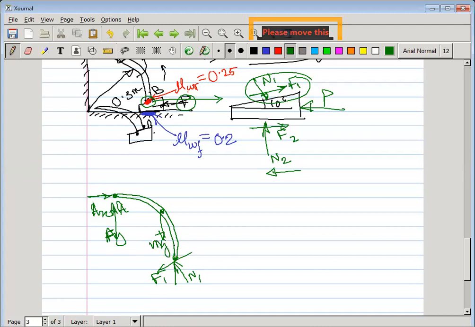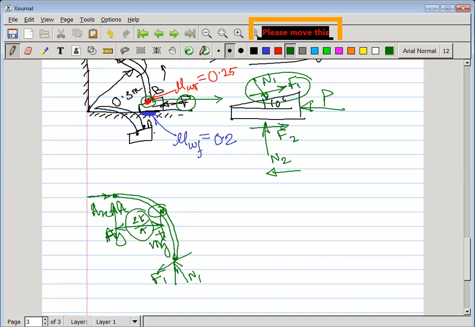Another trick in this problem is that you have to know the centroid of this curve. I already taught you what the centroid of any semicircular arc is. It is 2r by pi. Remember this, because in questions it is sometimes not given, and otherwise you have to derive it, which takes a long time.